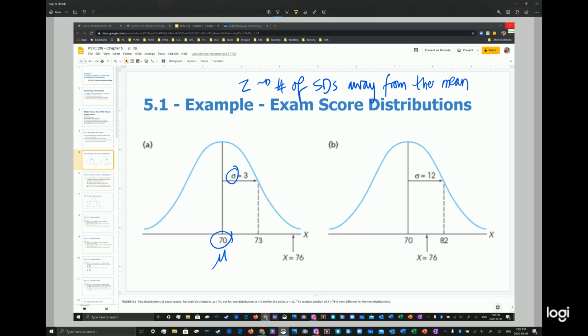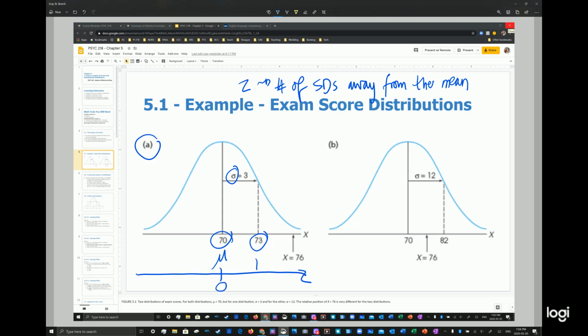In this case, if we know the standard deviation for this particular distribution, distribution A right now, is 3 x points, then a score of 73 in that distribution is going to be 1 standard deviation away from the mean. So if there was an axis here, and this axis is going to be z-scores, and you'll see this in another slide.